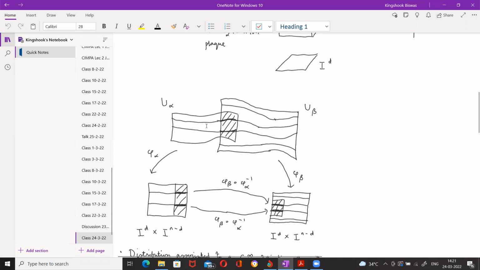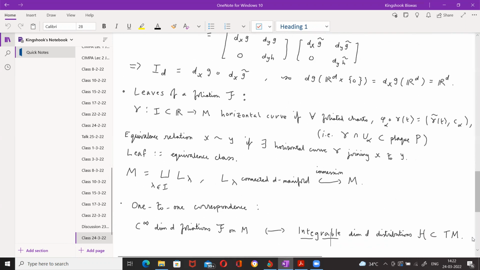The integral manifolds of the distribution will define for me plaques, which I can use to define coordinates on the manifold, which are foliated charts. All right. So I won't do this, but you can think about this yourself.